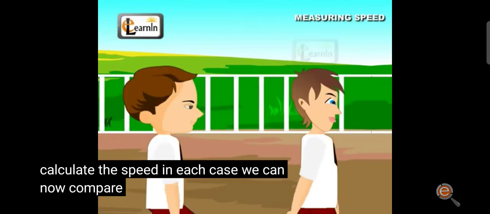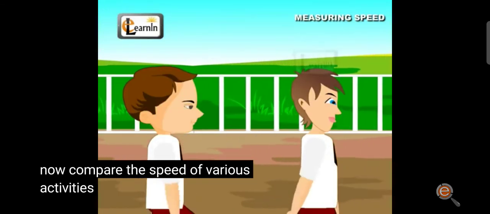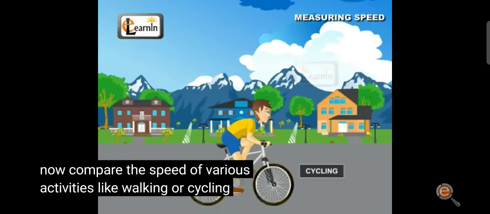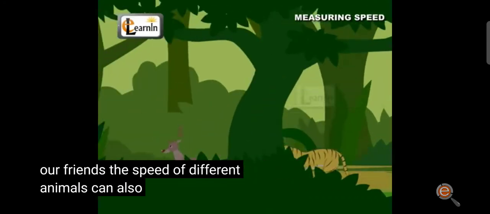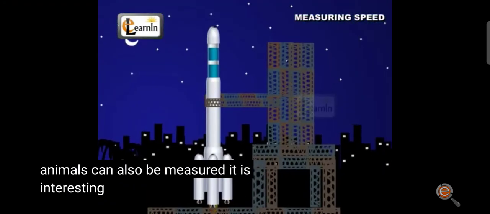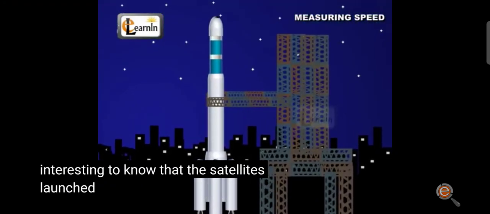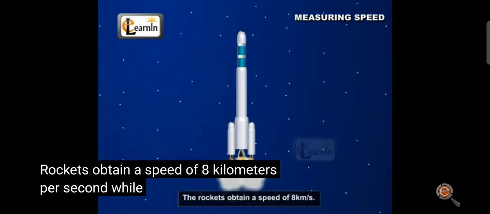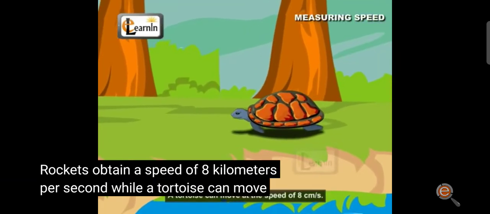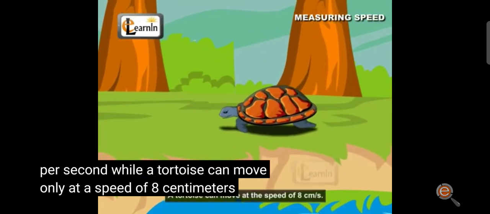We can now compare the speed of various activities like walking or cycling with our friends. The speed of different animals can also be measured. It is interesting to know that the satellites launched into the Earth's orbit by rockets obtain a speed of 8 kilometers per second, while a tortoise can move only at a speed of 8 centimeters per second.